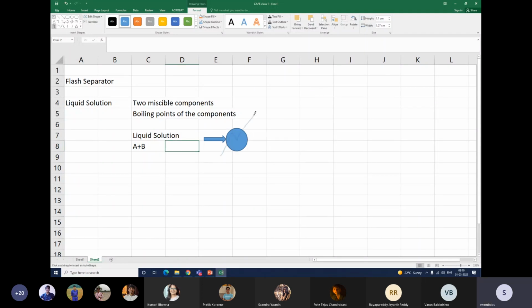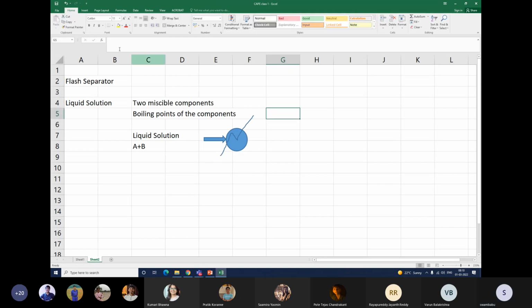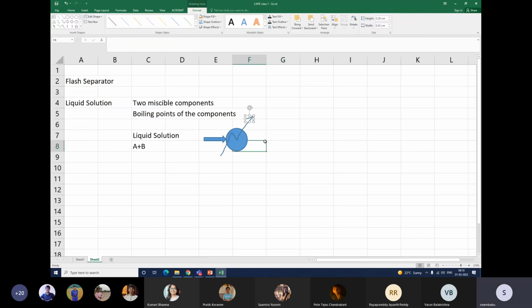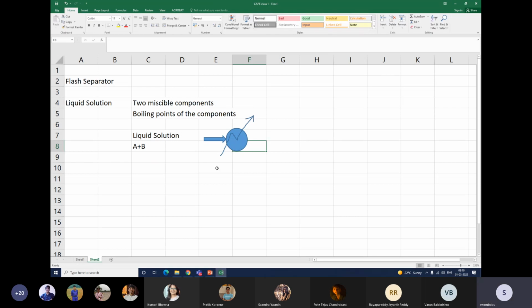I'm just putting in a heat exchanger. So it's heated to a certain temperature.